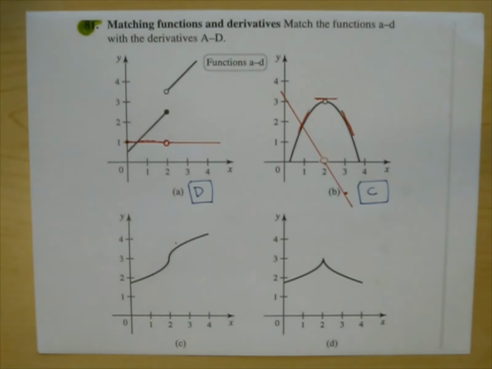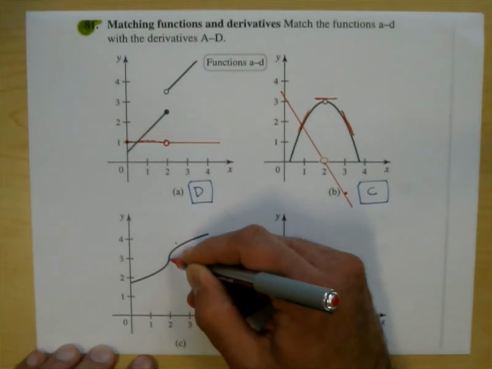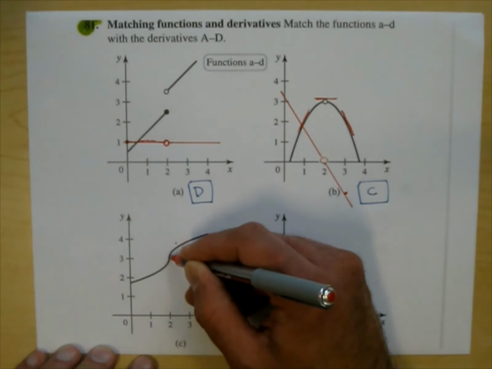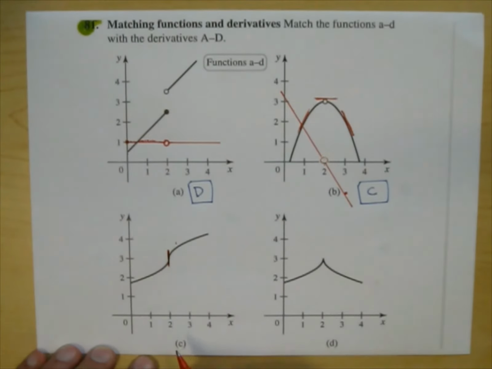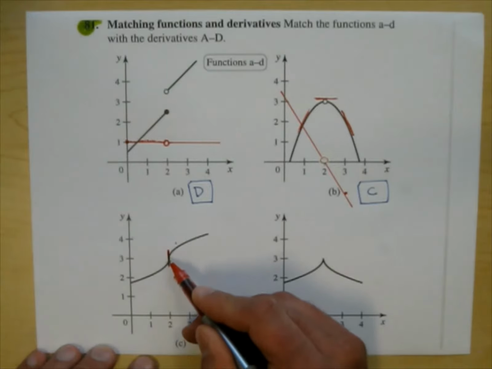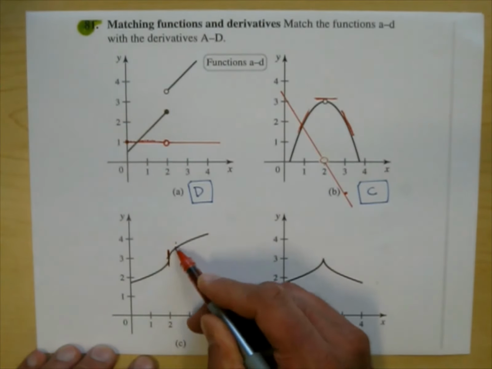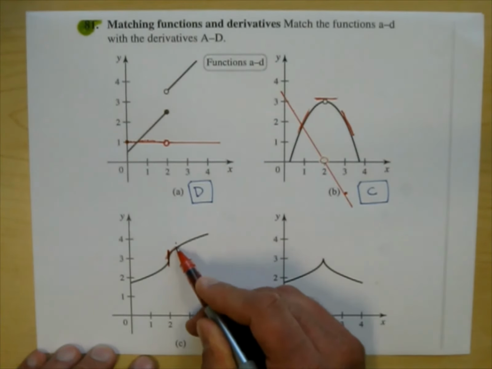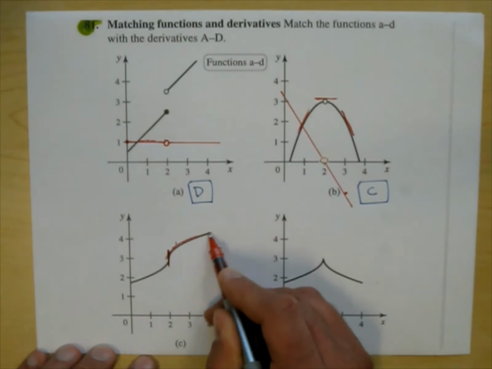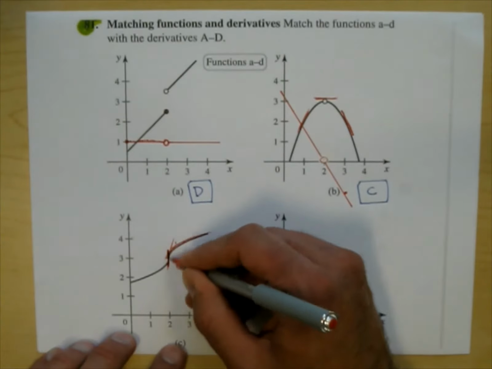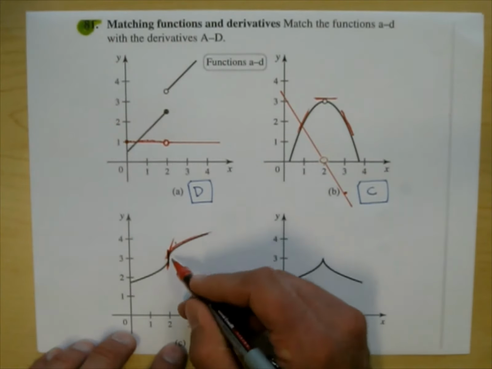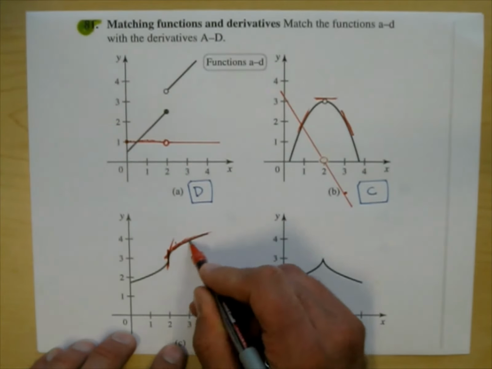Okay, now for this one here, we have the tangent line right there. It almost looks like it is vertical. So it goes from vertical, and then it's positive and less positive and less positive. Let's say the slope here is like 7, and then 6, and then 5, and then 4.